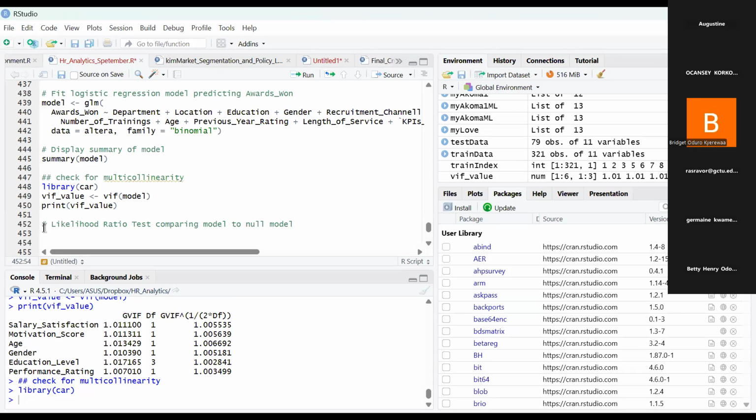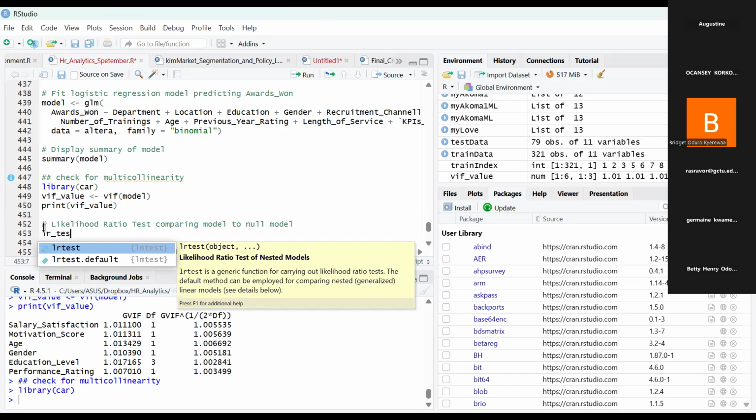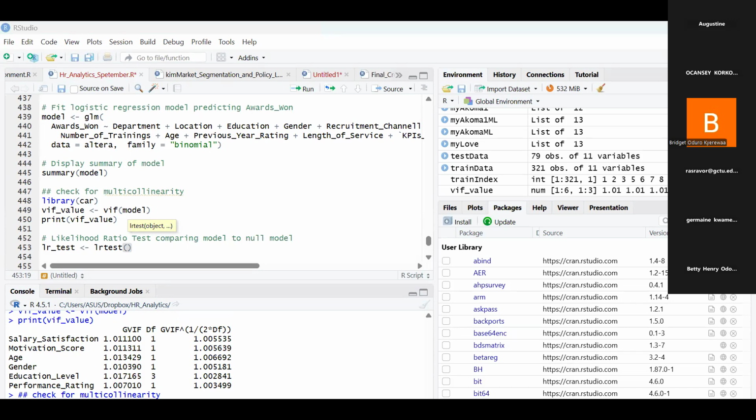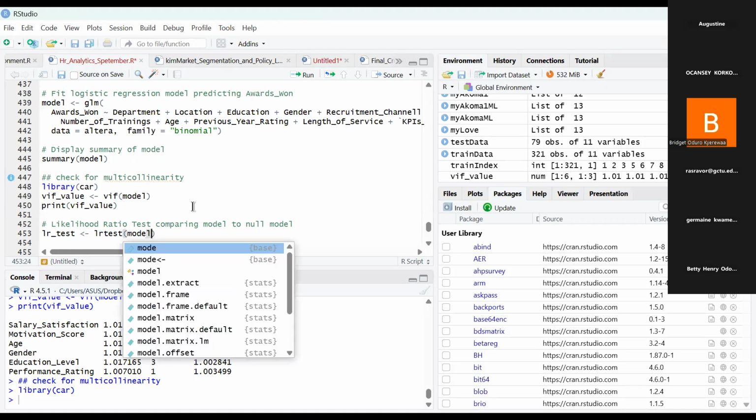So go to packages, install, just as we have it there. Were you successful? Yes, it is loading.